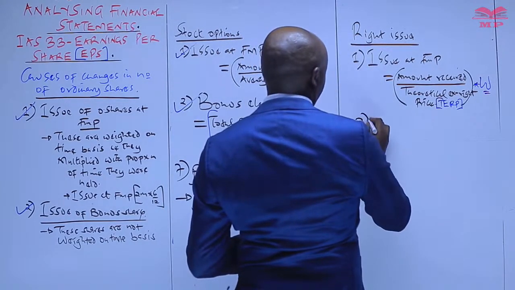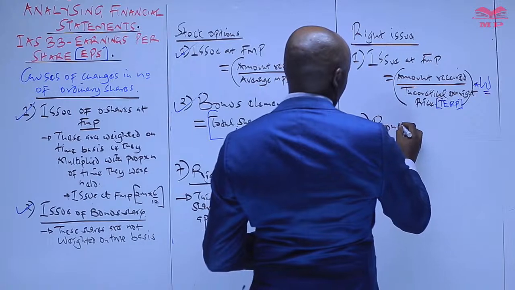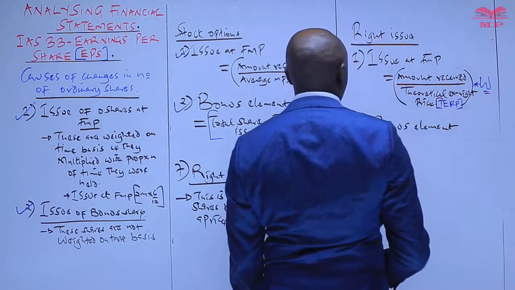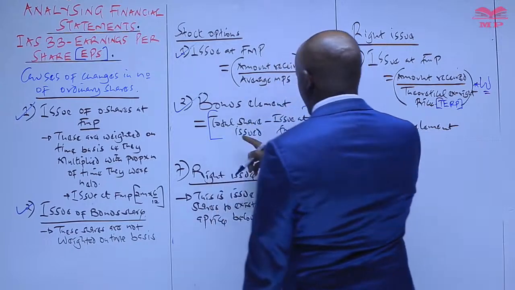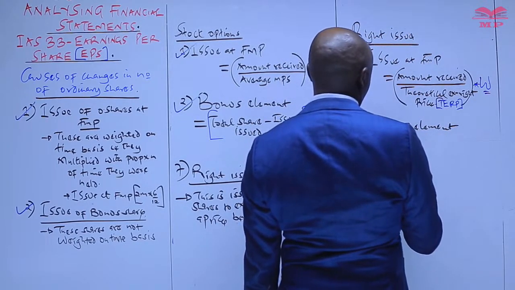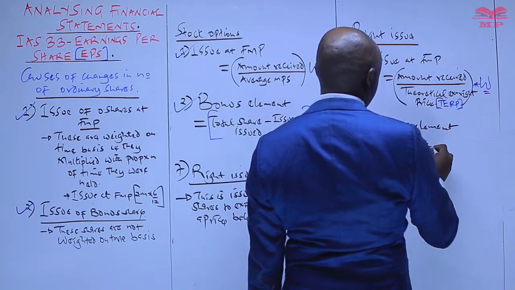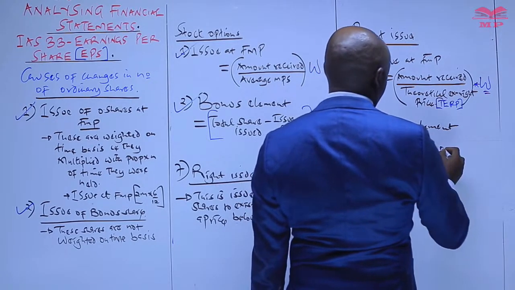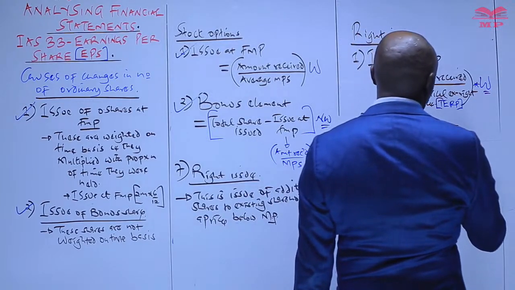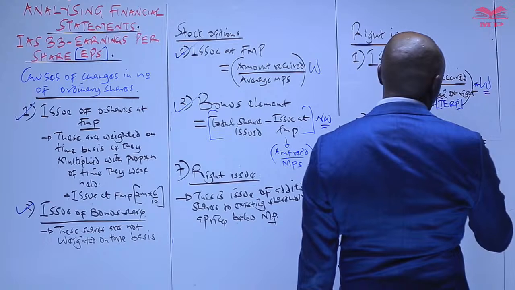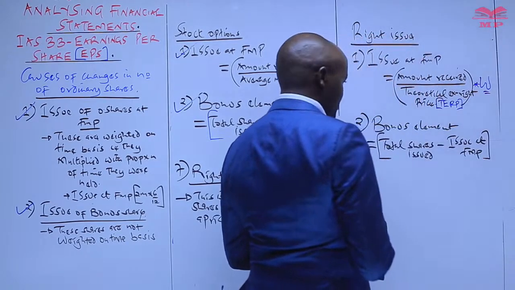And then number two, you determine the bonus element. Bonus element, these are shares issued free of charge. And the formula which we have used here also applies here. So compute the total shares issued, and then minus the issue at full market price.